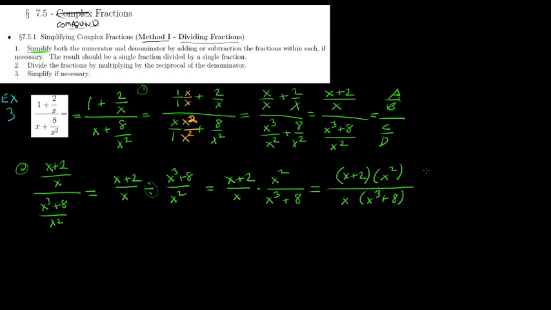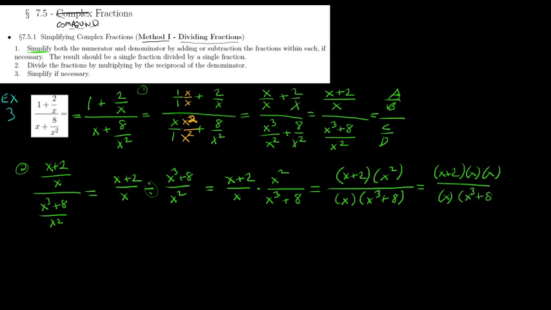Okay, so far, right? Yeah, so notice that the numerator, x squared, is really just x times x. So one of the x's cancels. If you like, you can write it as x plus 2 times x over x. Now, you don't need parentheses here, but just to make this easier to see, I'll put in parentheses around it.